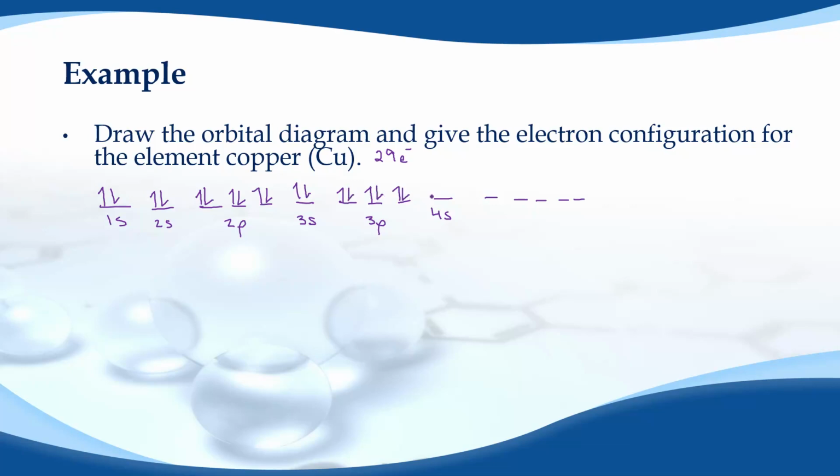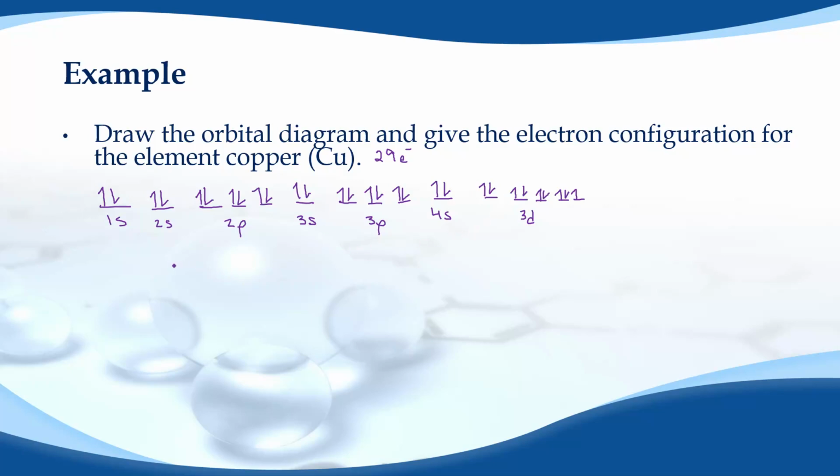After that is 4s, 19 and 20. After 4s comes 3d, so that's 5 lines for a d. 21, 22, 23, 24, 25, come back, 26, 27, 28, 29. So this is the orbital diagram for copper.